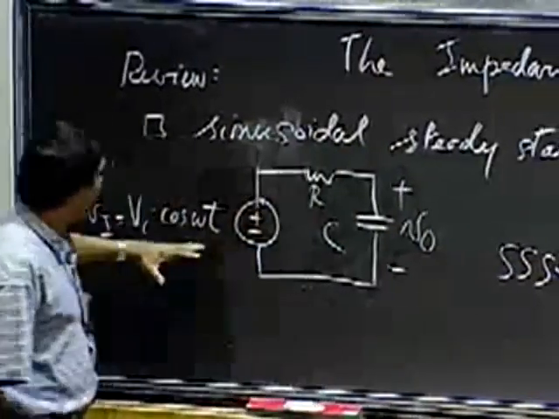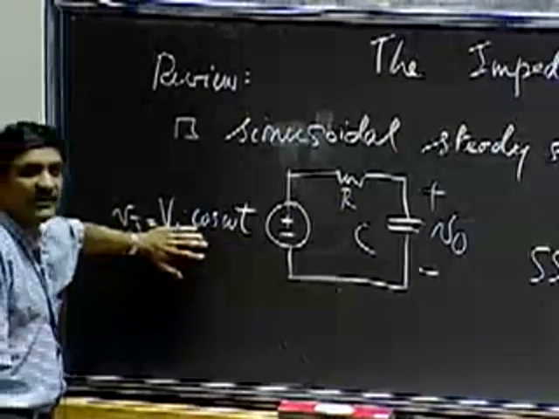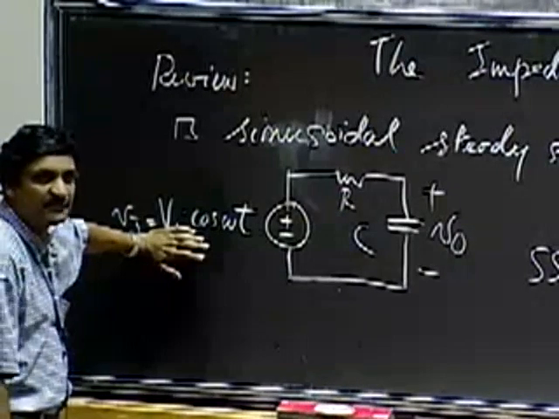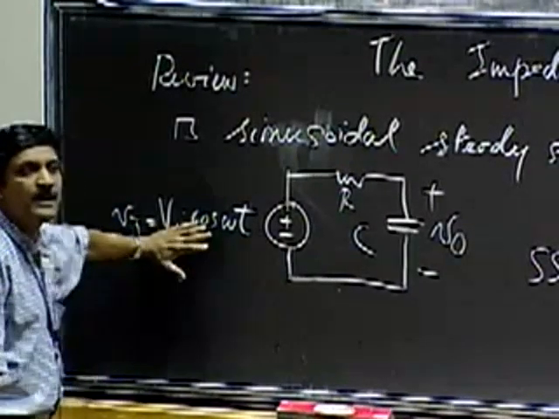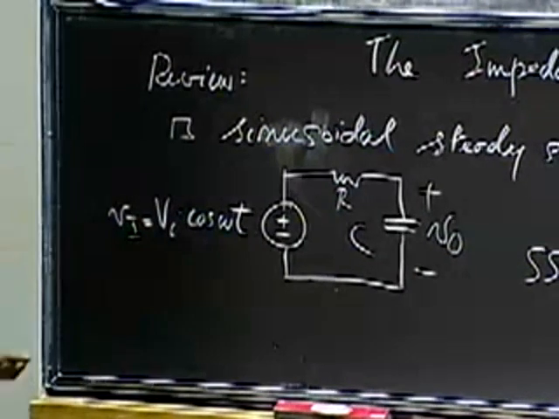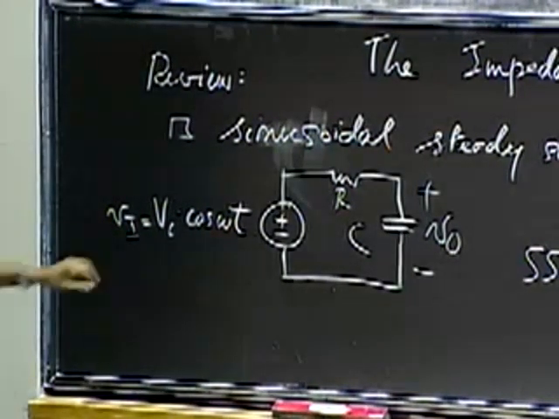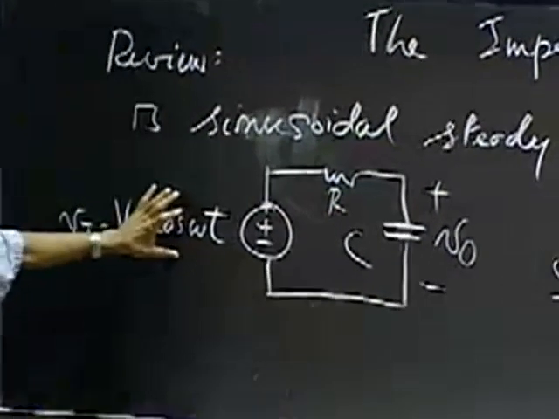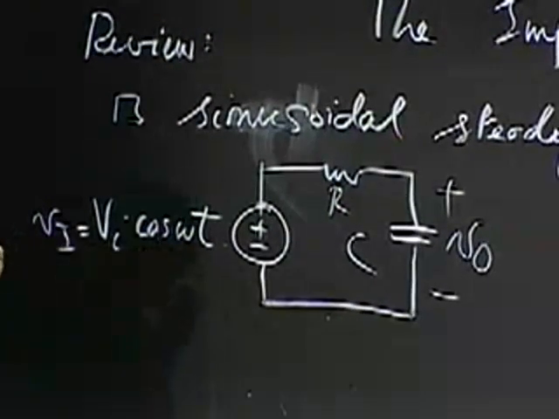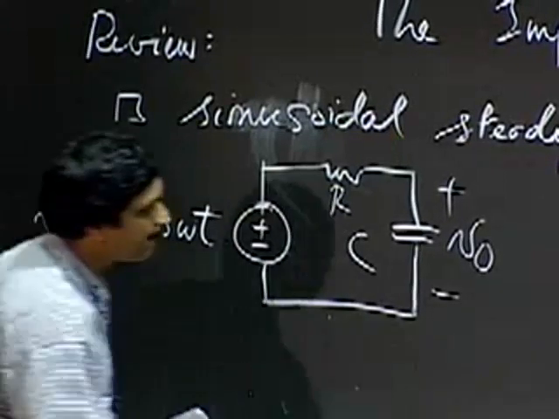And second, we focus on sinusoids because, based on the Fourier series experience that you've had previously, we can represent repeated signals as a sum of sines. Therefore, it's important to understand the behavior of these circuits when the input is a sinusoid.